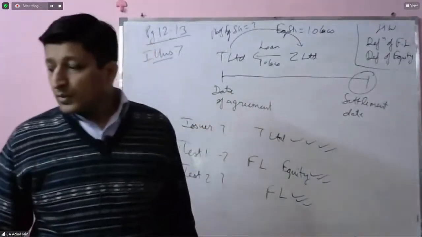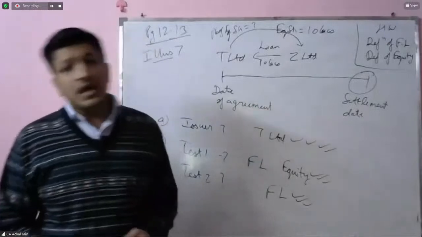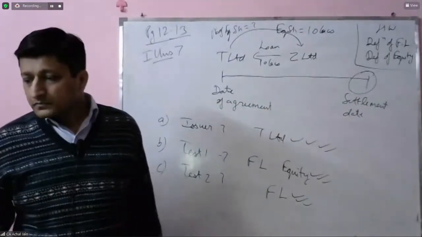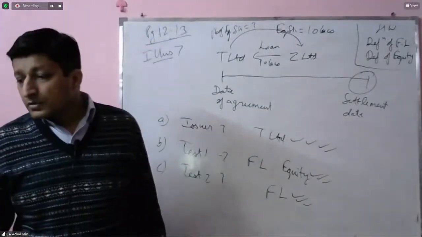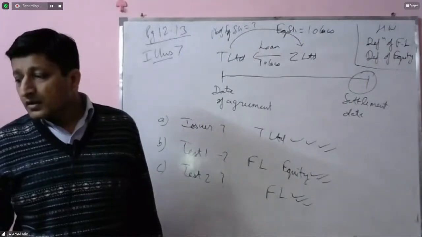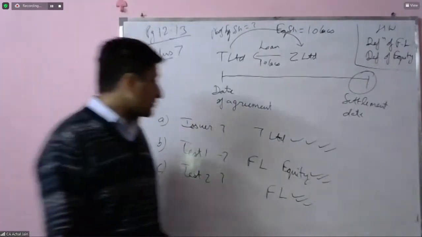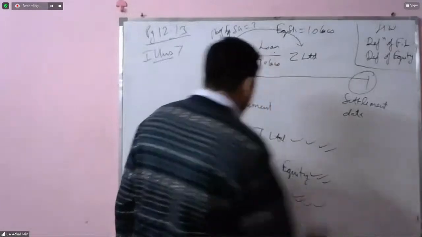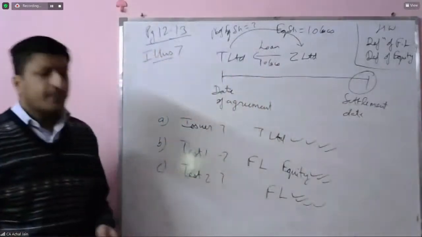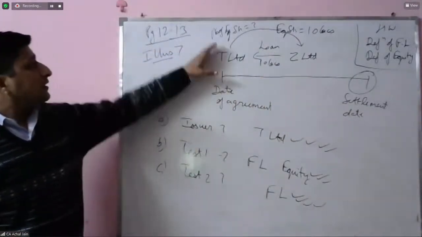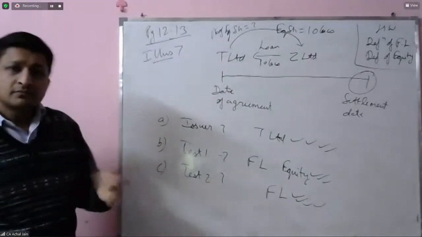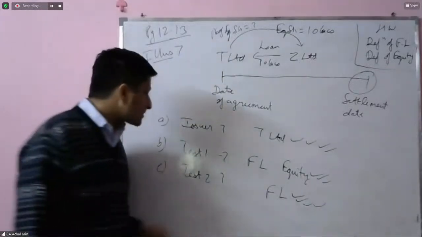Very good. So let's get on to this answer now. Ambika is also going with financial liability in this case. Very good. Now in this case, clearly T limited is the issuer. It's now clear to all of us.